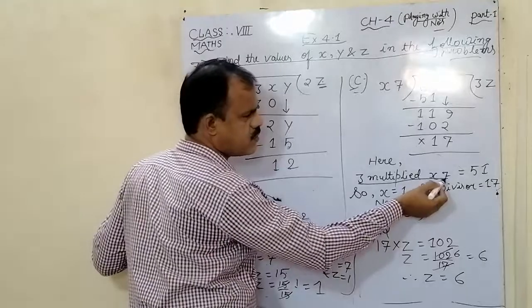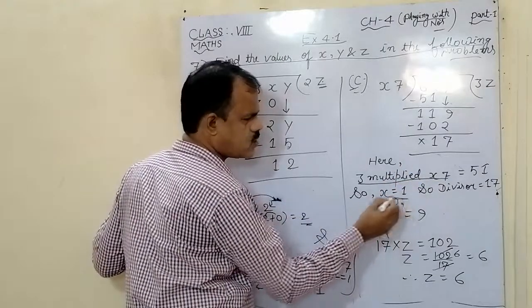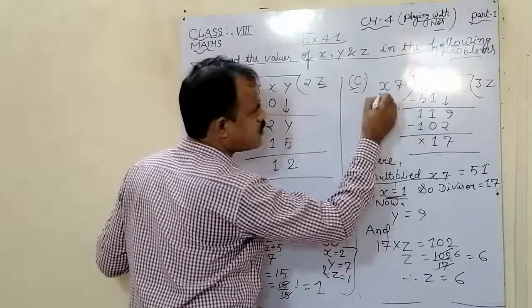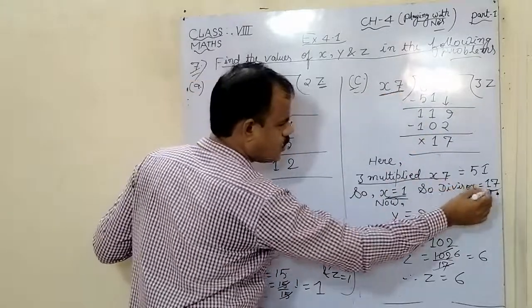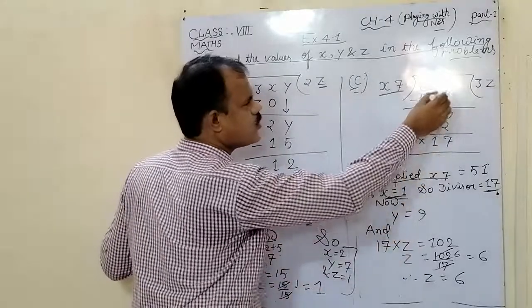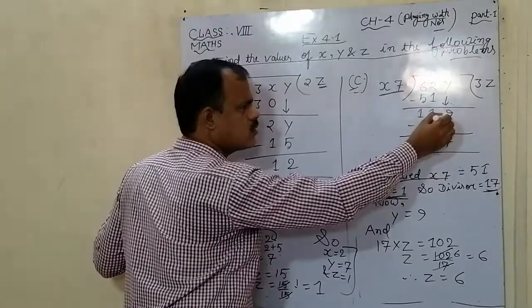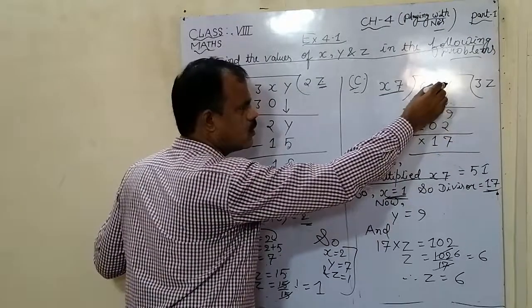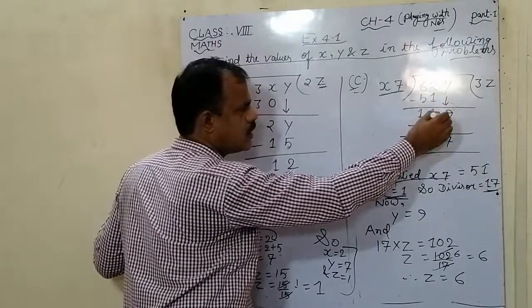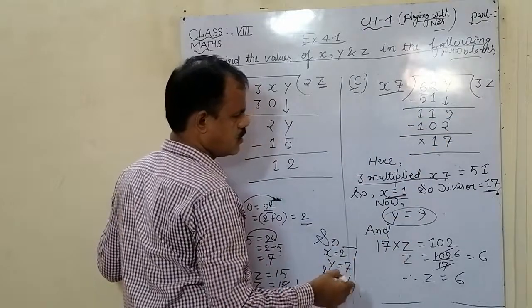So look here, 7 is here, 1 is missing, so the value of x is 1. So the divisor is 17. Okay, now look here. When we move down this y here, it becomes 9. So the answer of y is 9.